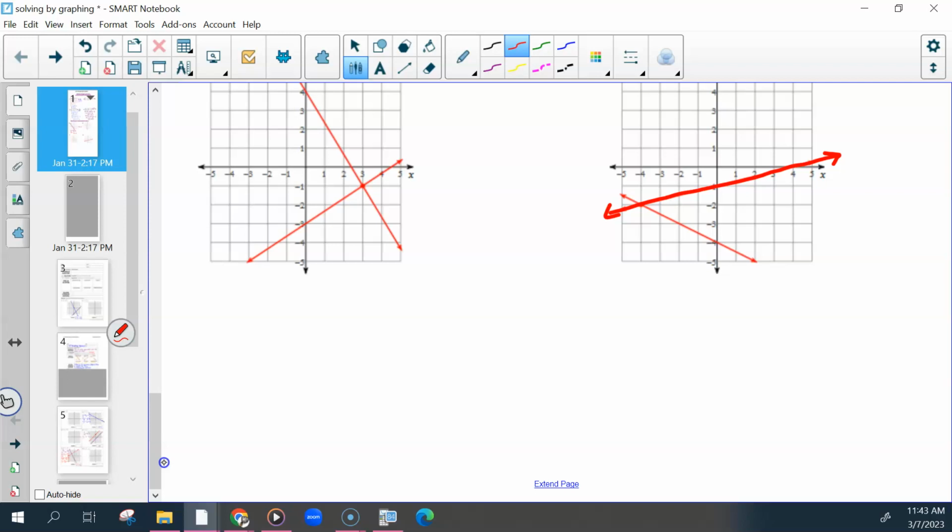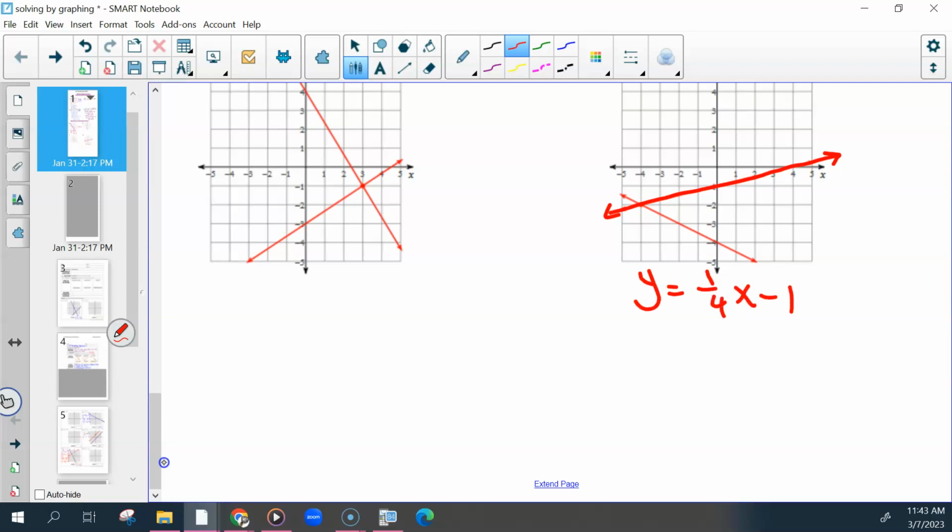What was our equation? y equals 1/4 x plus 1.